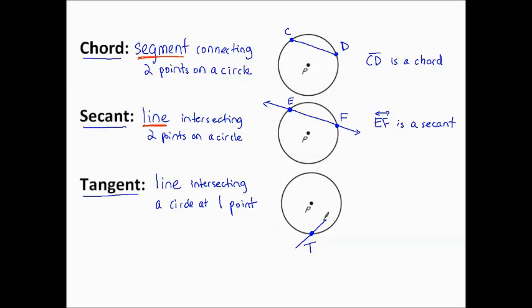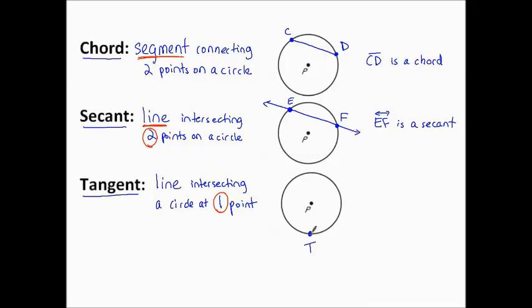Remember that a line doesn't stop. So if I show that it stops here, it's going to keep going and eventually hit the circle again. But it's supposed to hit the circle at 1 point. If it hits the circle at 2 points, that creates a secant. So I need to fix how I draw this line to make sure it only hits at 1 point.